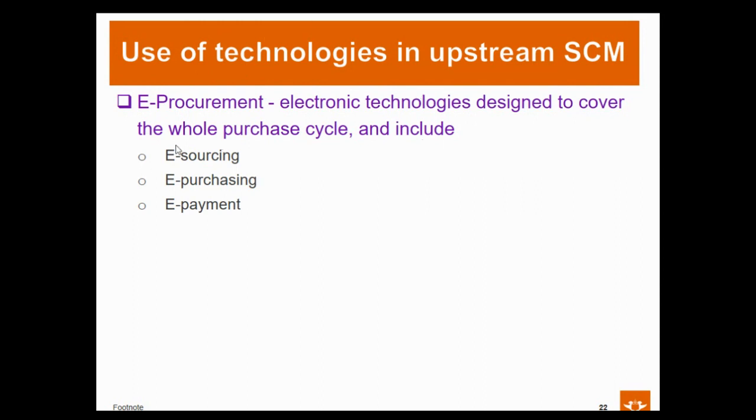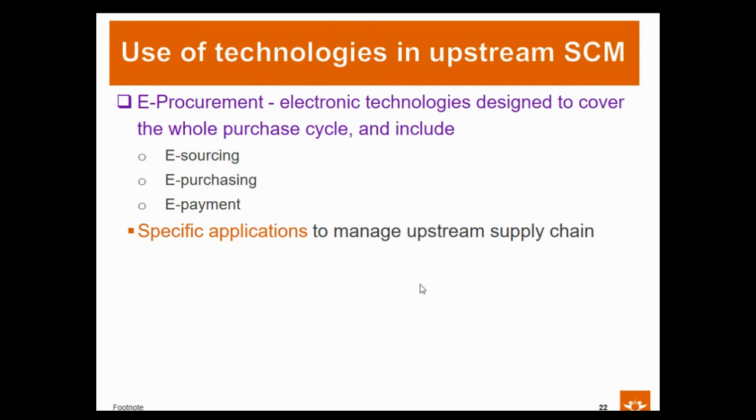This has opened up the possibility of sourcing international suppliers at cheaper prices, which was not possible in the past. Then e-purchasing, actually ordering these goods and buying them online without meeting the supplier face to face, and then electronic payment of all these purchases. So you can see that the whole procurement system can be done with limited human intervention.